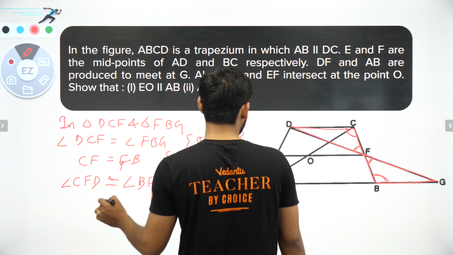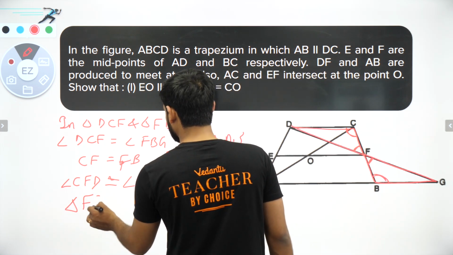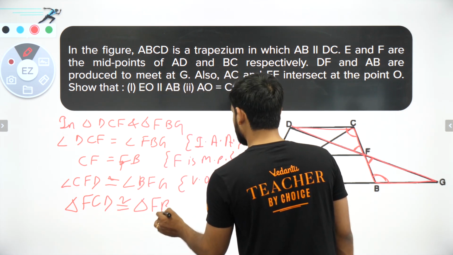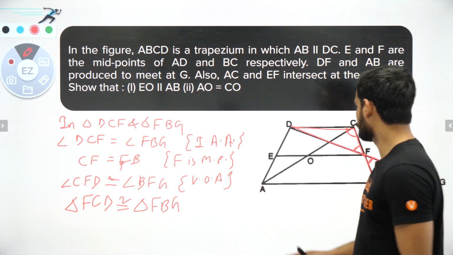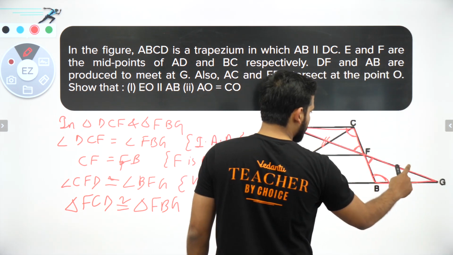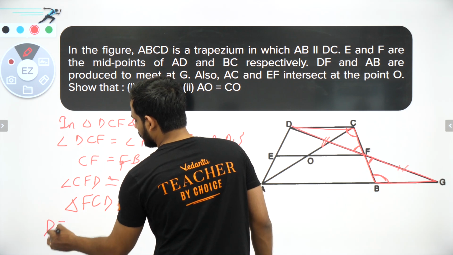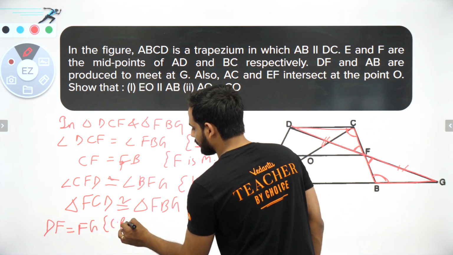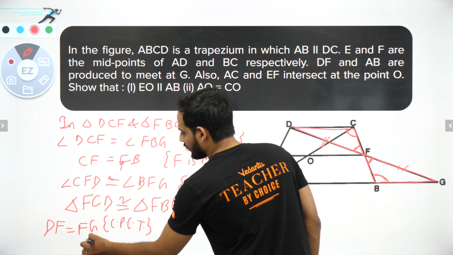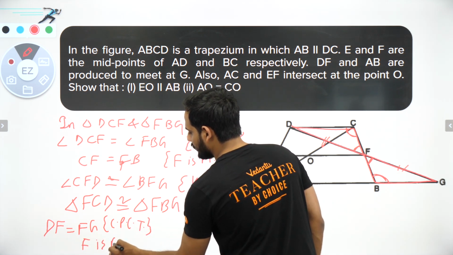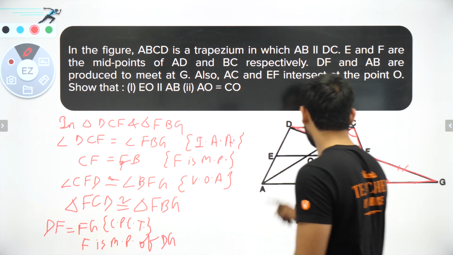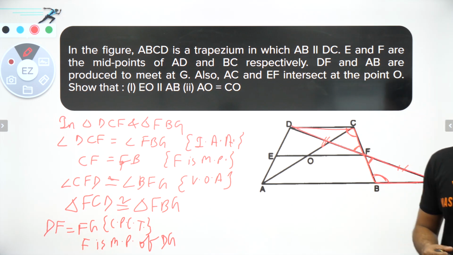So from here you can say triangle FCD is congruent to triangle FBG. And now if these two are congruent, I can say DF is equal to FG by CPCT. That means F is the midpoint of DG as well.